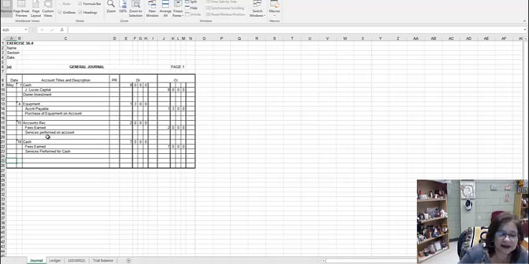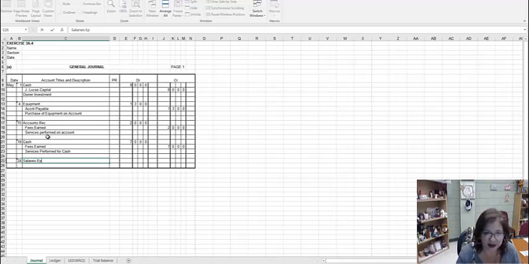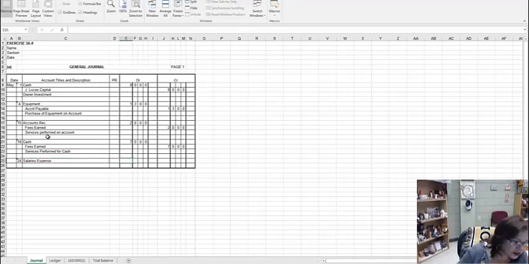The next one is the salaries expense, okay? So we're going to show the salaries expense for the date of the 24th. We're going to put in paid salaries. So you're going to see the salaries expense, which is debited. And for how much? It's for $1,000.